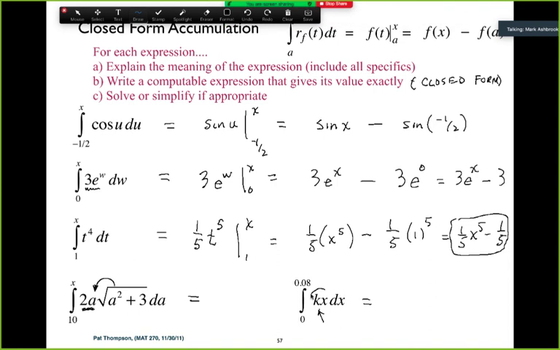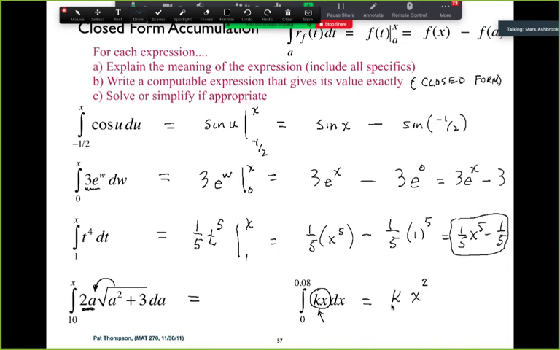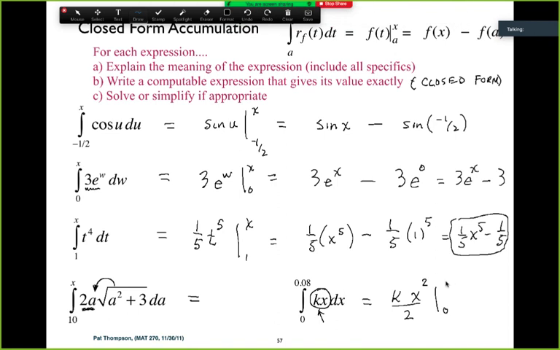What's the antiderivative of kx? So it's going to be kx squared over 2. It's going to be the power rule. We're going to raise the power on the x to 2, but then we're going to need a 1/2. Okay, so that's going to be k times 0.08 squared over 2.